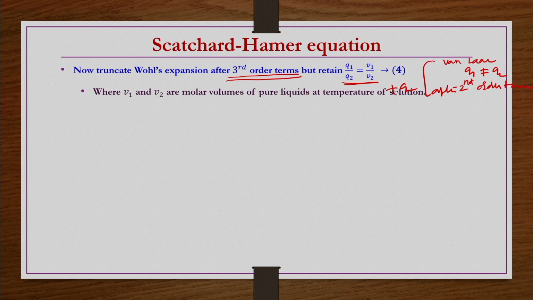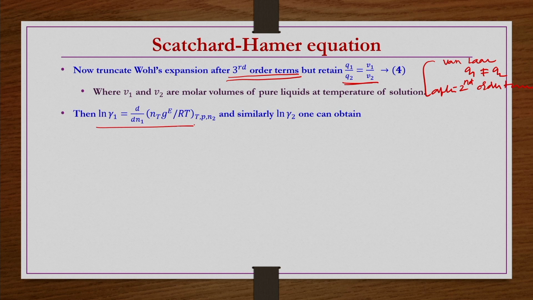right, where V1 and V2 are molar volumes of pure liquids at the temperature of the solution. Then we apply RT ln gamma i equals the partial derivative with respect to Ni of Gi bar E at constant T, P, Nj, and then apply the Ol's expansion, where GE by RT over x1 q1 plus x2 q2 is equal to terms up to third power.